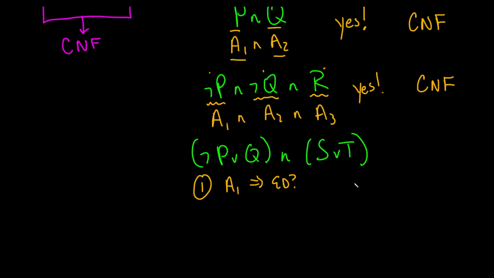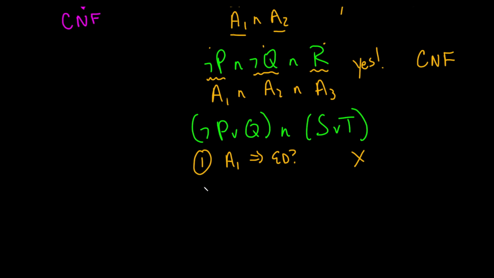The answer to that is no, it is not. And so from that fact, we cannot conclude that this is in conjunctive normal form. If it were an elementary disjunction, that is, if it were a disjunction of literals or just a literal, then we could conclude it is in conjunctive normal form.